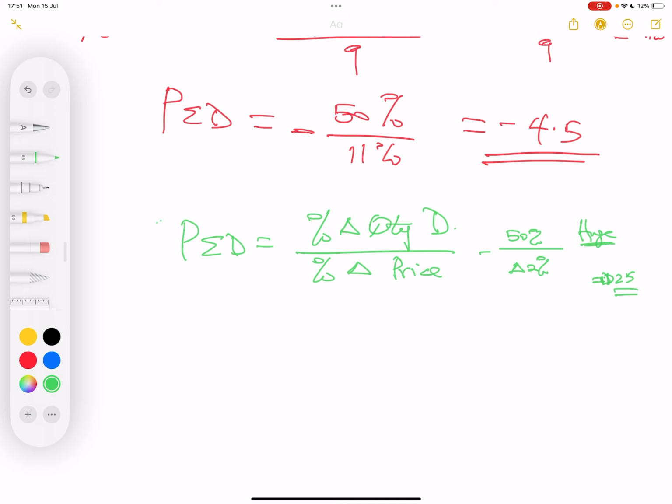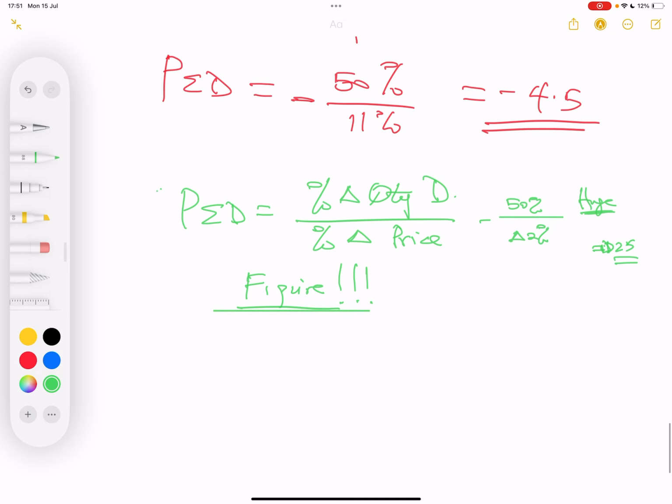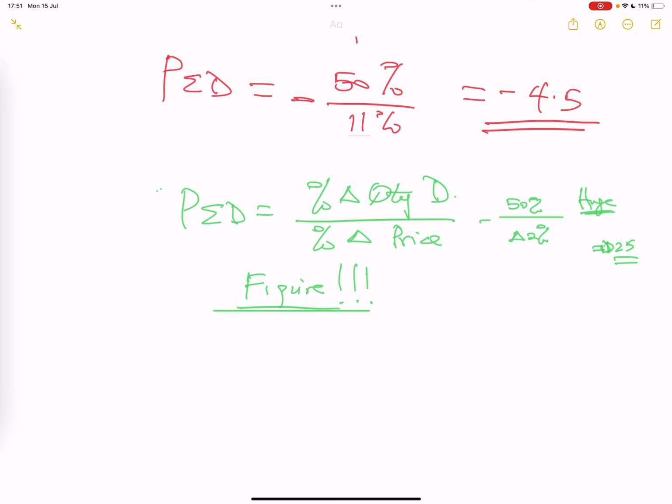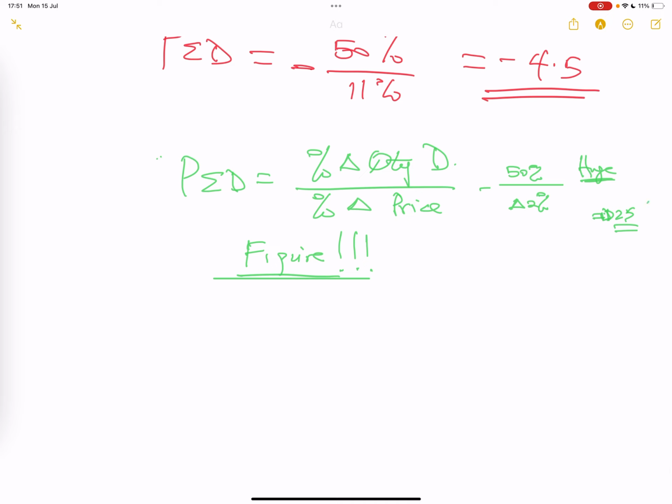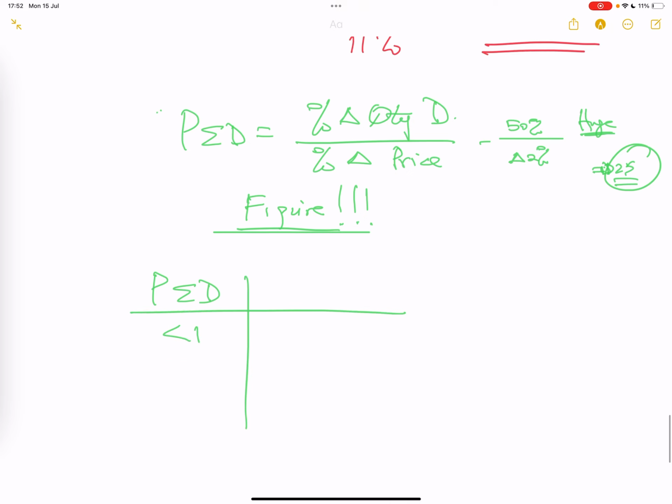When we're talking of these values and interpretations, please, we are looking at the figure only. Forget the sign. We all know the sign will always be negative, but focus on the figure. So here it is 25, and I'm going somewhere, which is the interpretation. If this figure had been less than 1, this is more than 1 because this is 25. So if price elasticity of demand is less than 1, what does it mean?